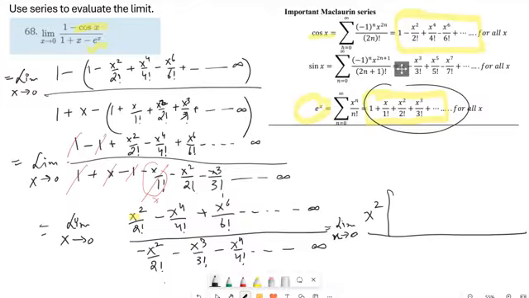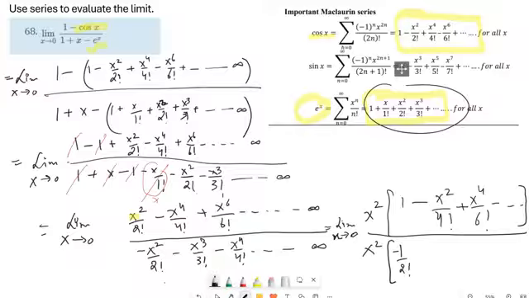X squared factored out in the numerator will be left 1 by 2 factorial minus x squared by 4 factorial plus x4 by 6 factorial minus so on to infinity. I'm taking x squared out from the denominator too, which is left minus 1 by 2 factorial minus x by 3 factorial minus x squared by 4 factorial and so on. I can divide x squared by x squared, that will be cancelled.